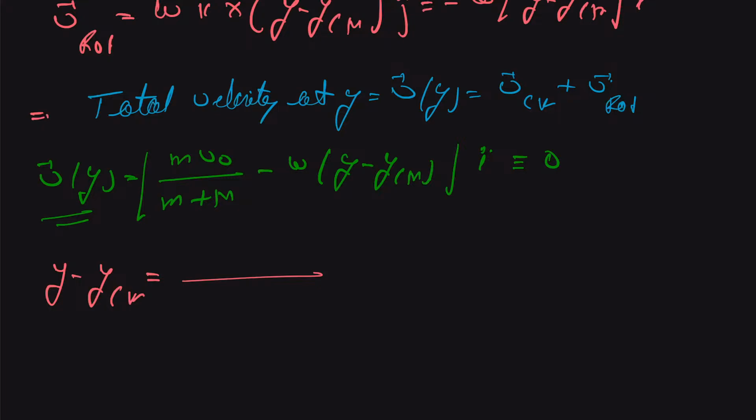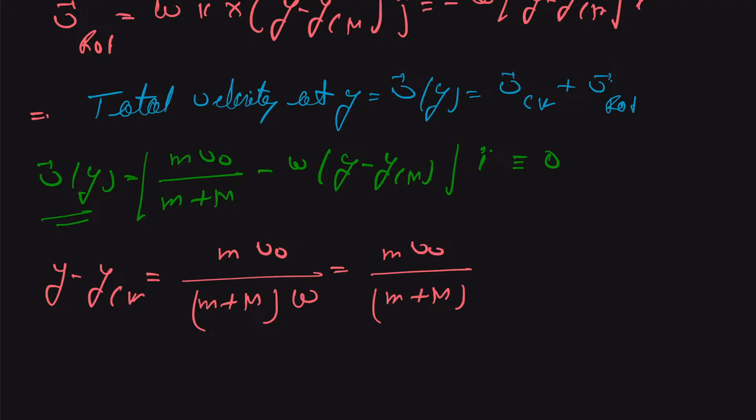So this comes as m times v naught over m plus capital M, divided by omega. So 1 upon omega we know is 6 times m v naught divided by L times 4m plus capital M. And here this m v naught cancels out, and the rest remains the same.